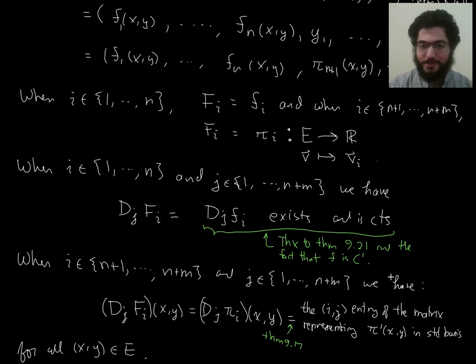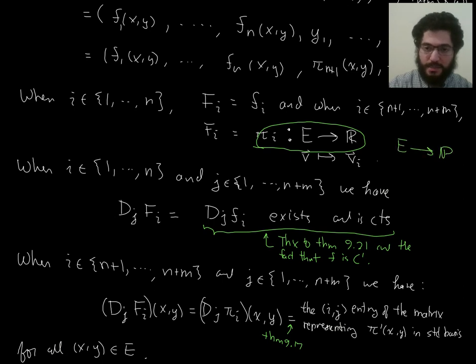And what function is that actually? If you take all of these functions pi sub i and make them the components of one big function from E to R^(n+m), running over all i, what would that function be? Maybe guess, see if you can figure it out.